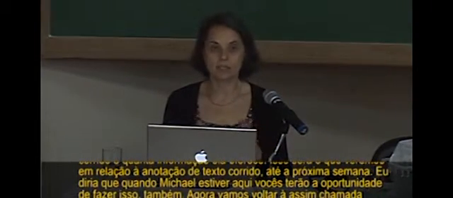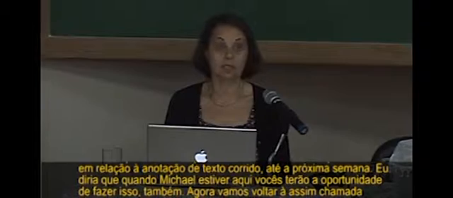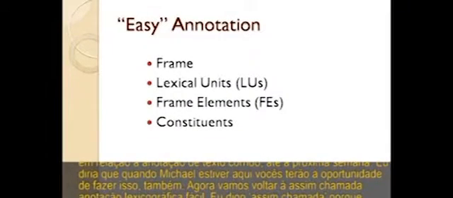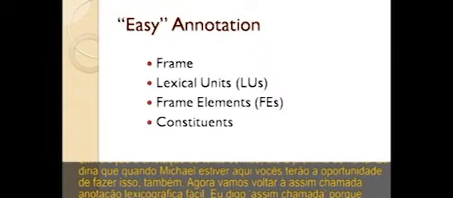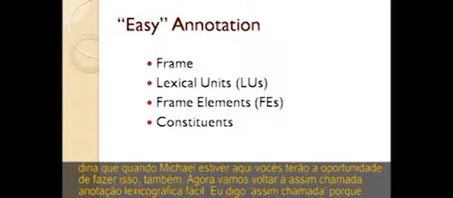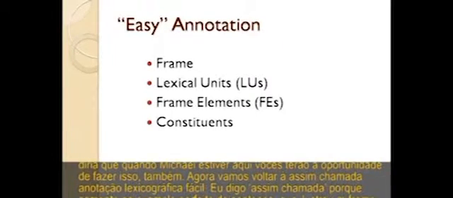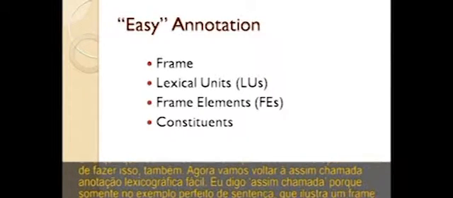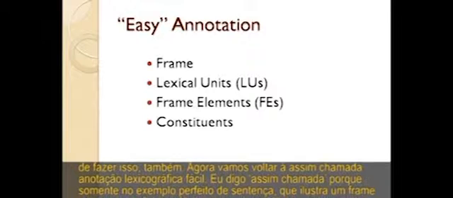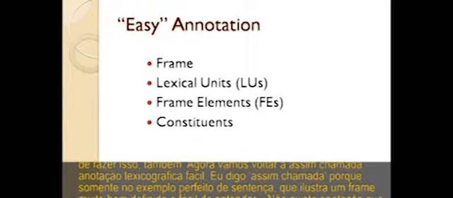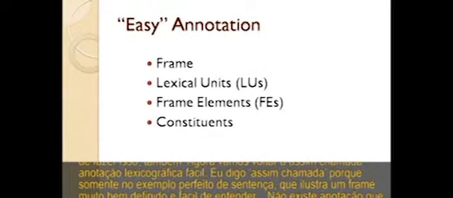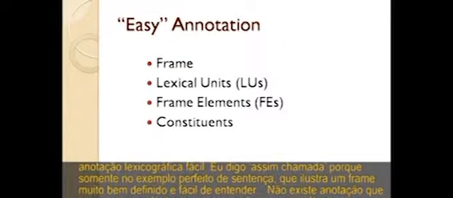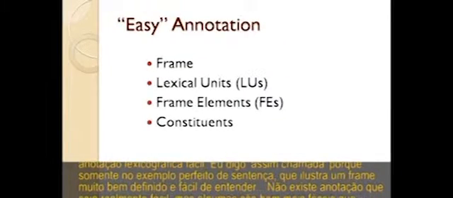But there's some annotation that's a lot easier than other annotations. So this is the easy stuff. Yesterday we looked at attaching, and that's a relatively easy frame to characterize and a relatively easy frame for frame semantic annotation.